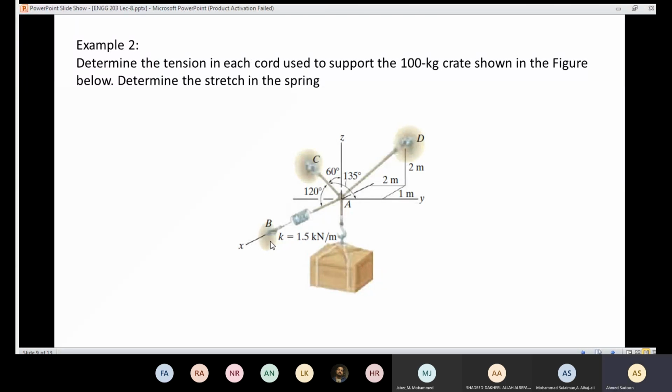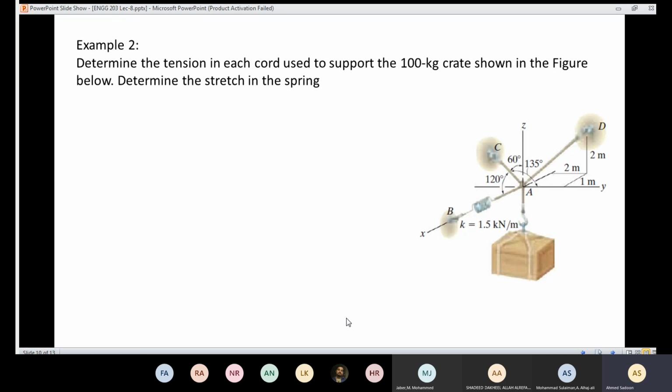And it's easy if I know the tension in AB, like the previous example. Like any problem like this, the first step is to draw the free body diagram. I'm going to draw the knot A and isolate it from the surroundings in order to know the forces acting on that knot.